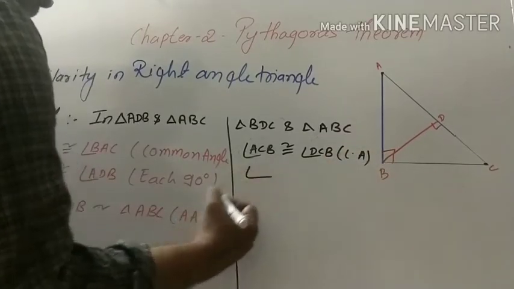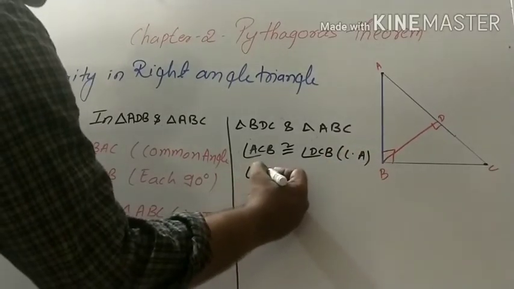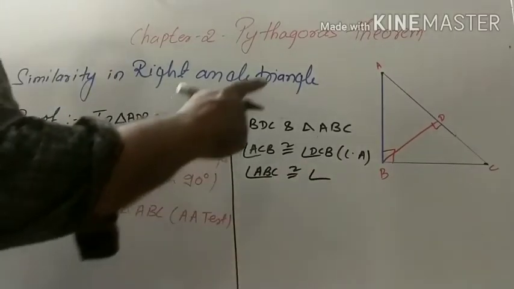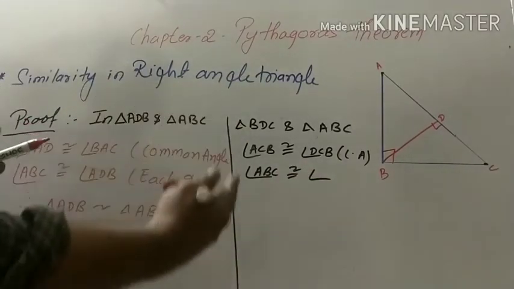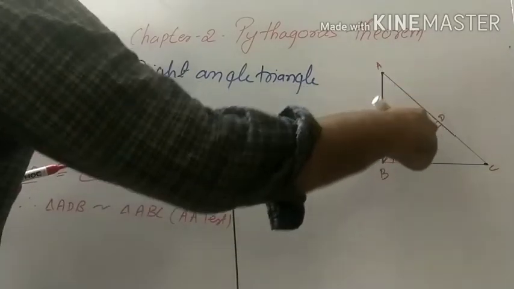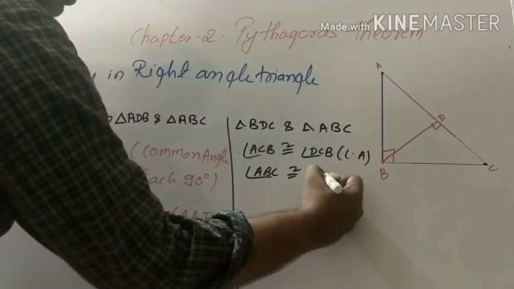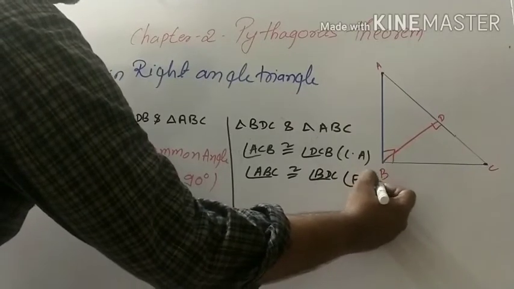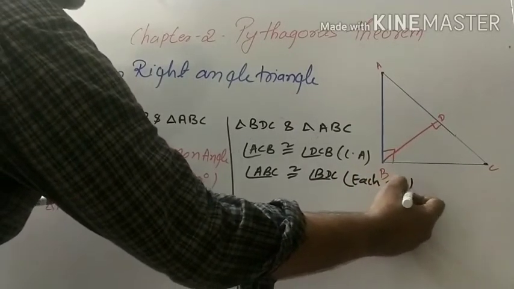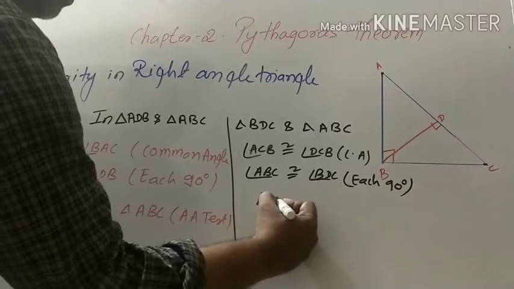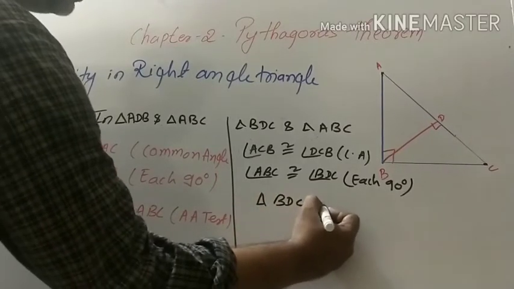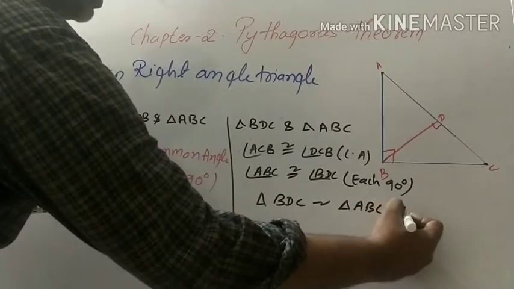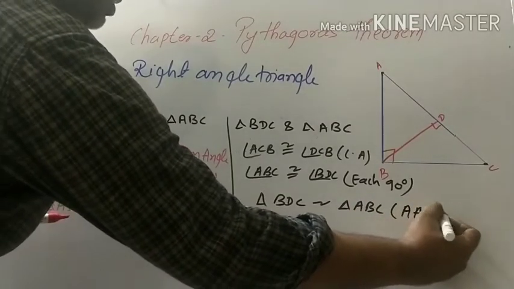Now angle ABC congruent angle BDC. Reason? Each 90 degree. So triangle BDC similar triangle ABC. By which test? AA test.